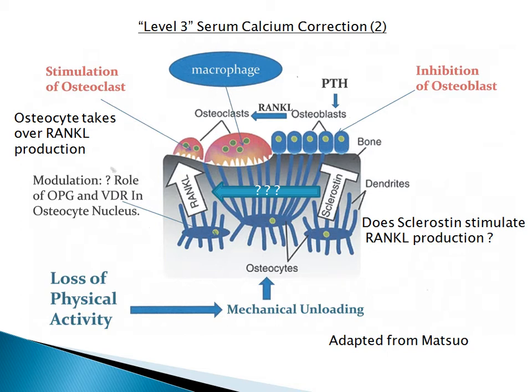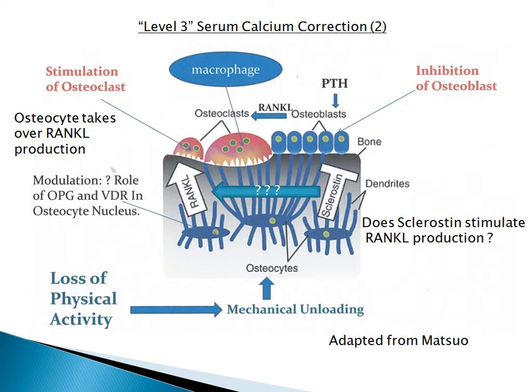And so you'll see a state where there'll be a normal calcium level and parathyroid hormone level will be on the low side, whereas with the level 1, the level 2 serum calcium correction, the parathyroid hormone level will be elevated. You'll see secondary hyperparathyroidism.